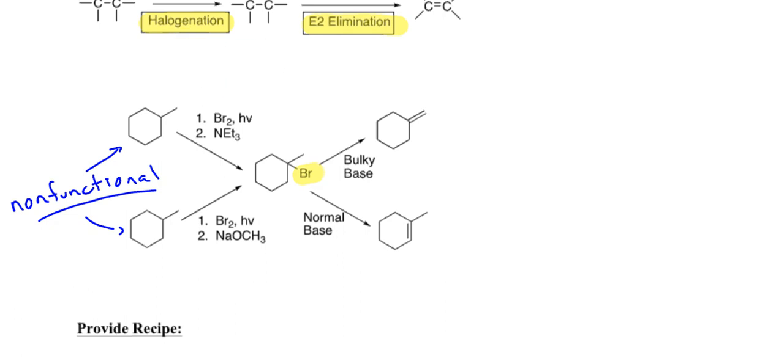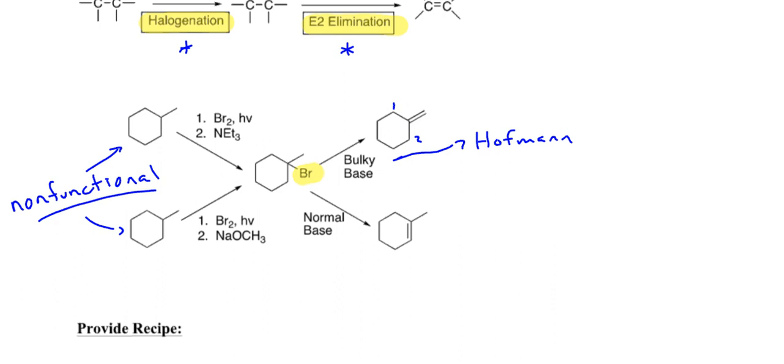This is a disubbed alkene, and with a normal base, we have a trisub, so that's Zaitsev. We have Zaitsev. So that's still going to all follow suit.